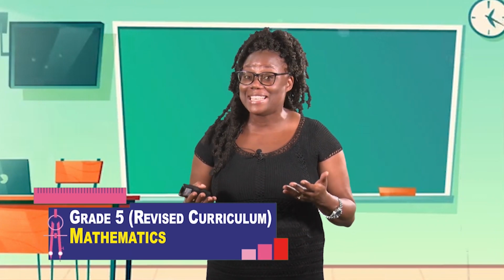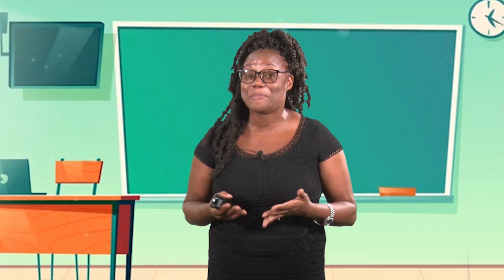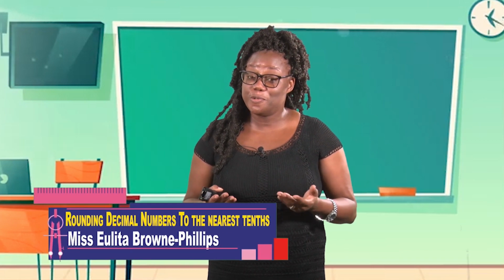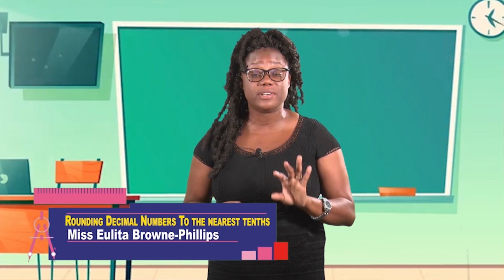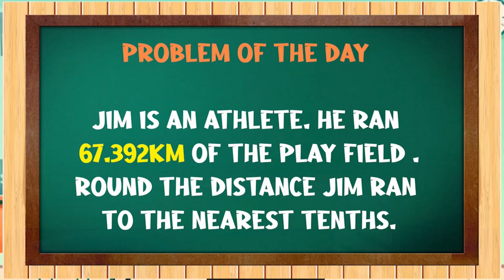I am so excited to see what my little problem solvers did today. So the rule says that we must look at the number in the hundredths place if we are rounding to the nearest tenths. What number is in the hundredths place? 9 is in the hundredths place. Is 9 greater than 5 or is it less than 5? 9 is greater than 5.